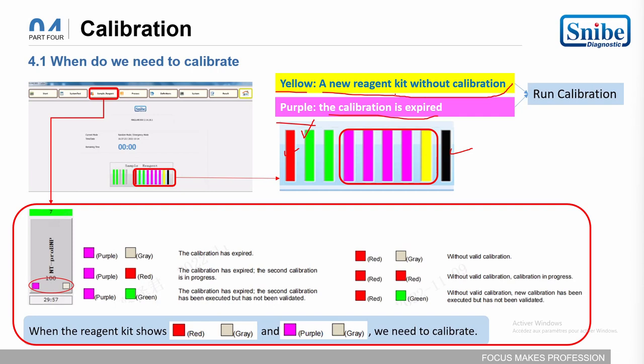So in case we have yellow and purple, we need to calibrate the reagent kit. This is from the home page, the main page of the user software. But we can also enter the sample and reagent interface, and we will see more detail about the reagent.